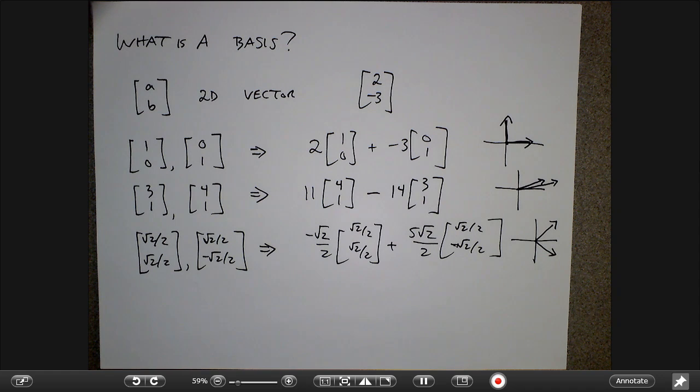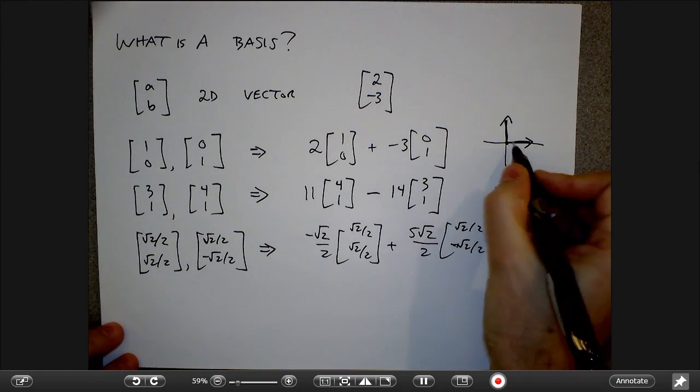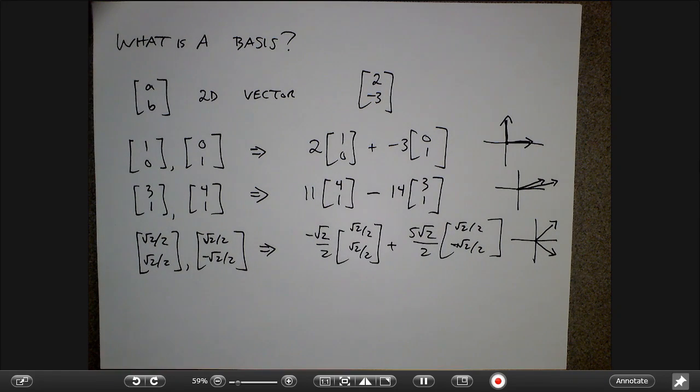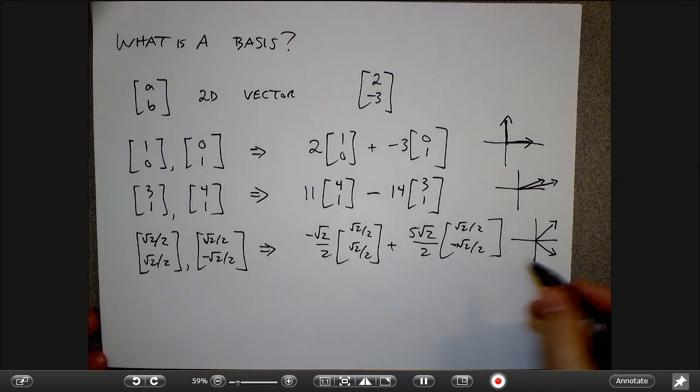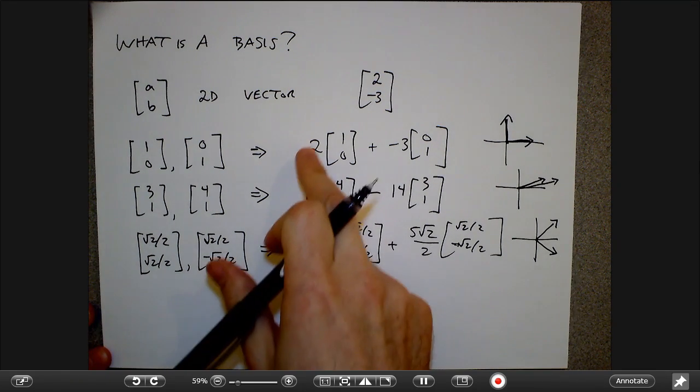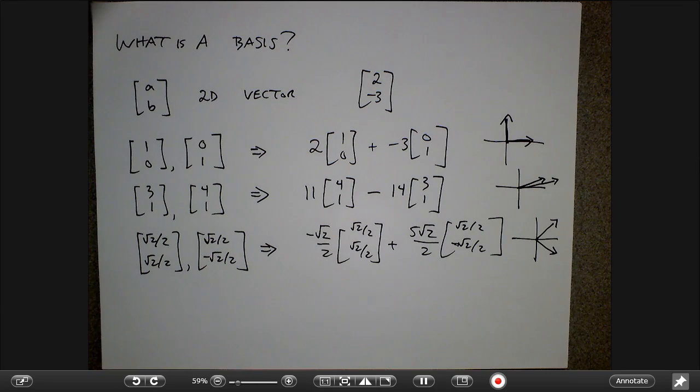If any of you have done principal component analysis in a machine learning class, that's one thing you're doing: taking the original basis and changing it to a more favorable one in which the first axis corresponds to the dimension where the signal is varying the most. If you've taken Malik's machine learning class, you probably did some sort of PCA. The point is that different bases have advantages and disadvantages for representing a signal.